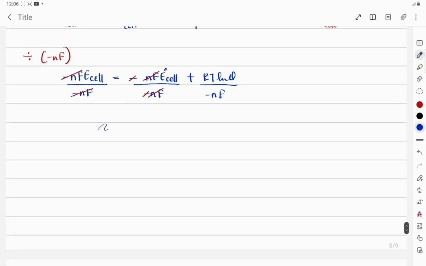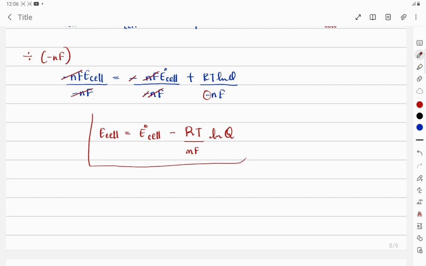So what is left is E cell is equal to E0 cell plus, there should be minus because this minus is to be considered, so let's replace this plus with minus, RT by NF ln Q. This is one important equation that you have to learn, or this is actually the Nernst equation. E cell is equal to E0 cell minus RT by NF ln Q.